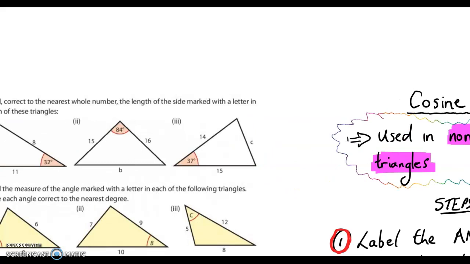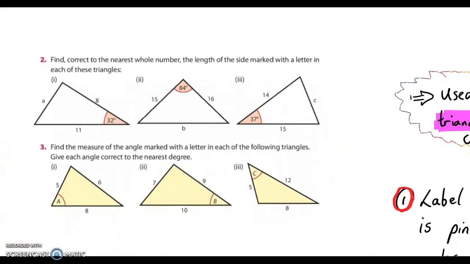So an example of some triangles that you'd use the cosine rule on are here. In the first one, you notice that we're missing a side and we have an angle, and we have the two sides that pinch that angle. That's a typical sign that we're going to use the cosine rule.